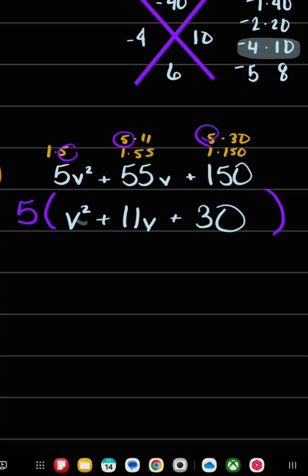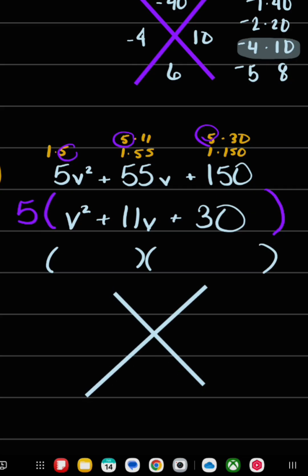Since your a term is 1, you can go on and draw yourself a pair of parentheses and your cross. Now, what are you going to put at the top of the cross? What's your C term? 30.